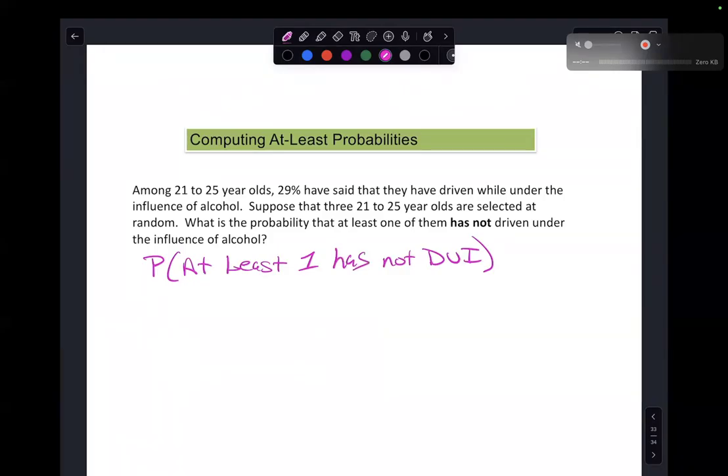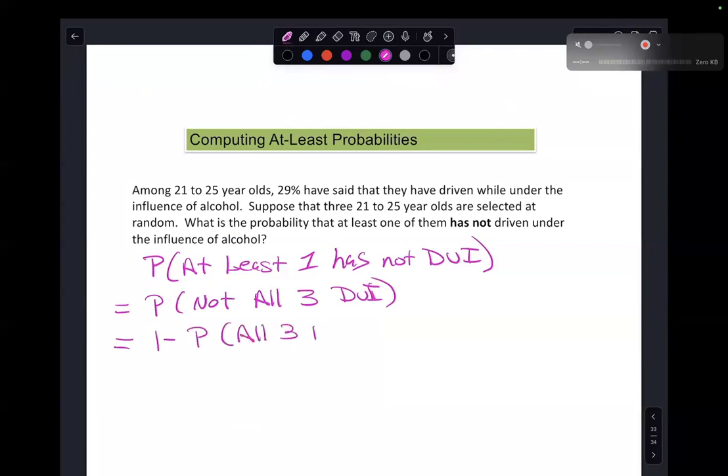So I'm looking for the probability of not all three DUI. It's one minus the probability all three DUI.